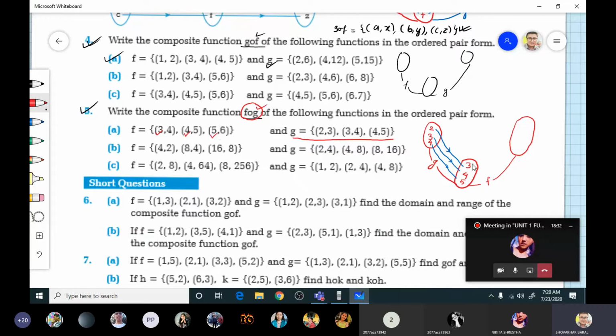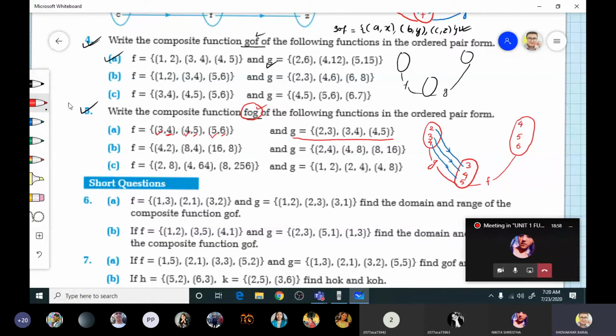Since all the elements of function f are already here, we don't need to bother about putting the elements in this domain of f. Now let's put the second elements of f. They are 4, 5, and 6.